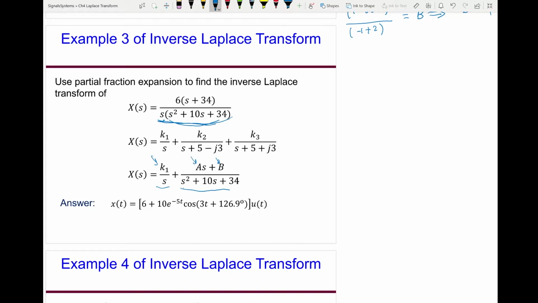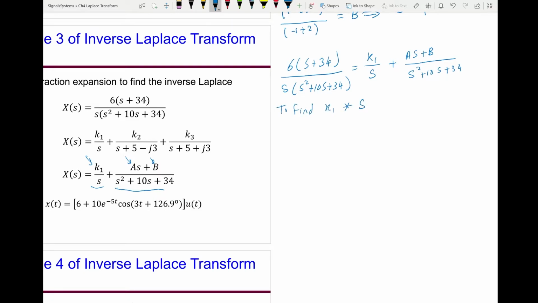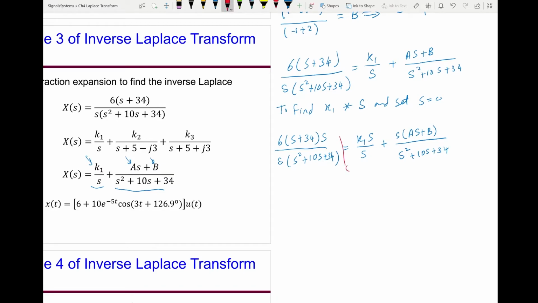K1 is very simple. I will just multiply everything by s and set s to 0. Let's do it. So to find K1, multiply everything by s and set s equal to 0. So in this case, this will be 6s plus 34. Now set s equal to 0.